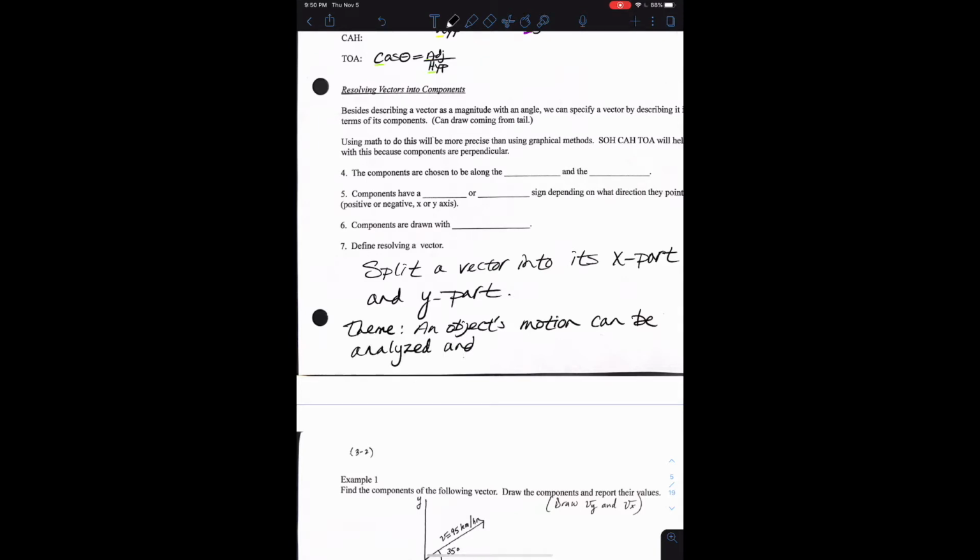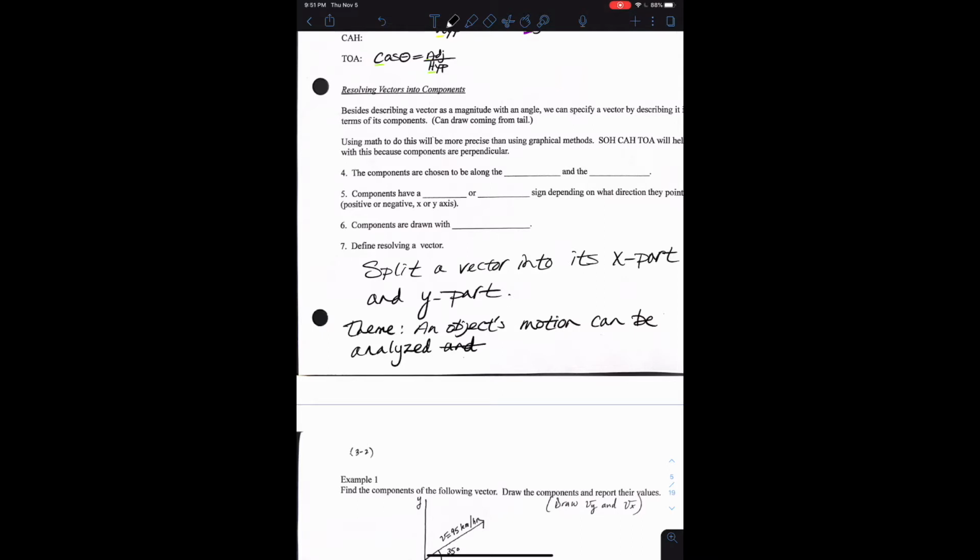I think we just leave it there with analyzed. An object's motion can be analyzed independently. Its x motion can be analyzed independently from its y motion.